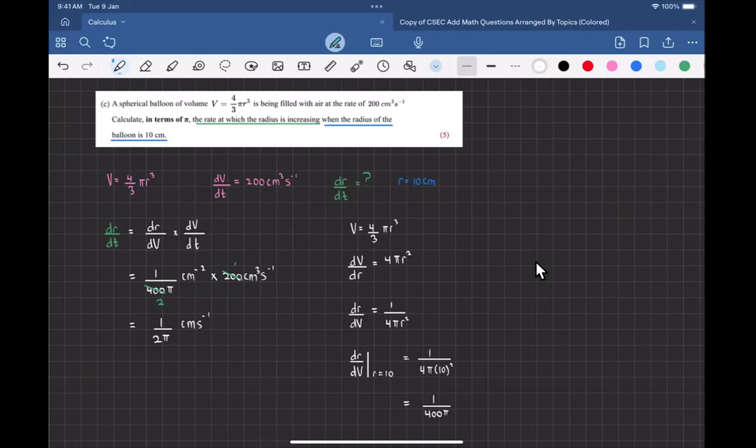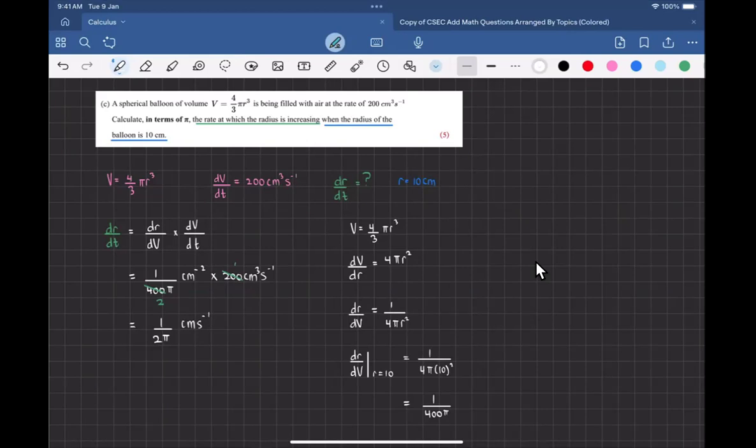And what does 200 centimeter cube per second mean? The rate at which the balloon is being filled, right? What does cm cube represent? The volume. Right. So tell me in terms of volume and time.